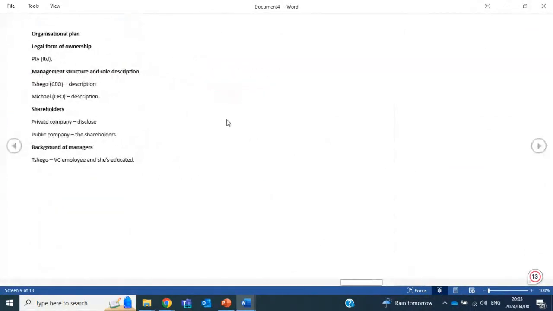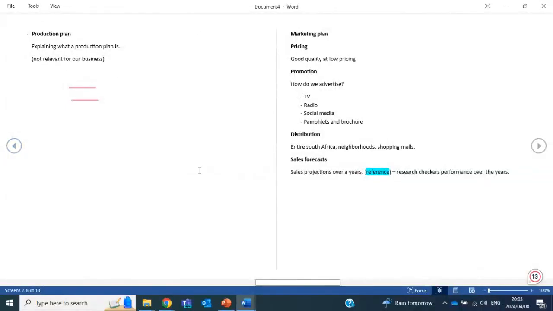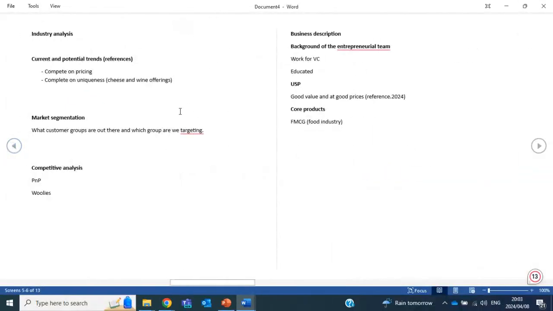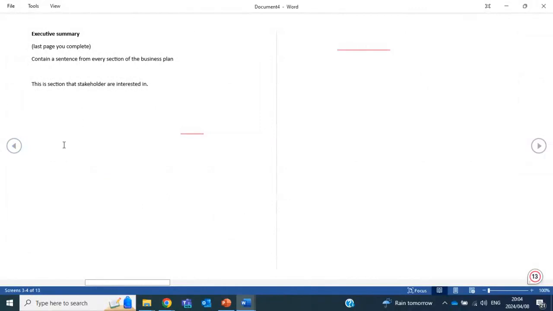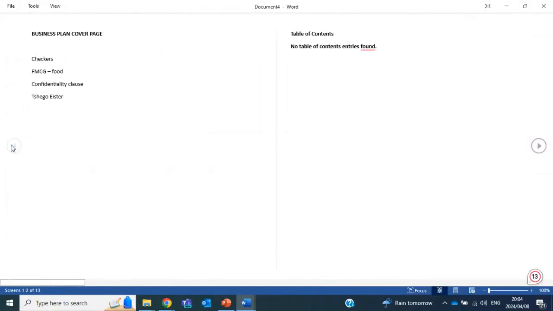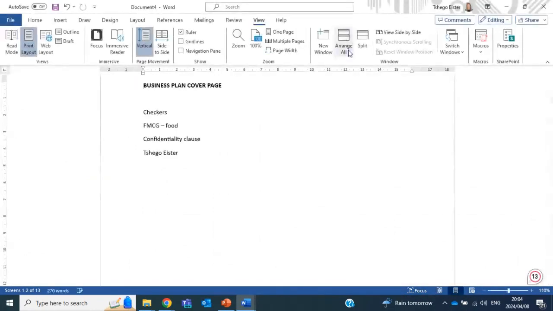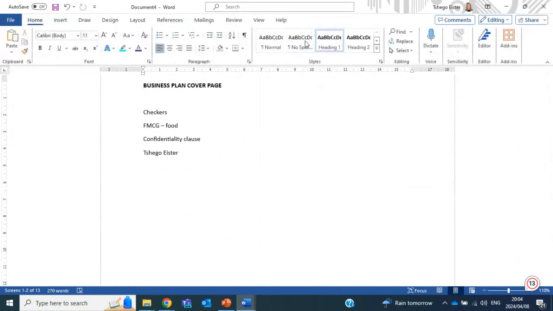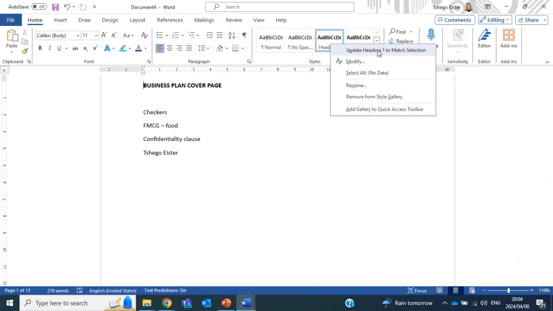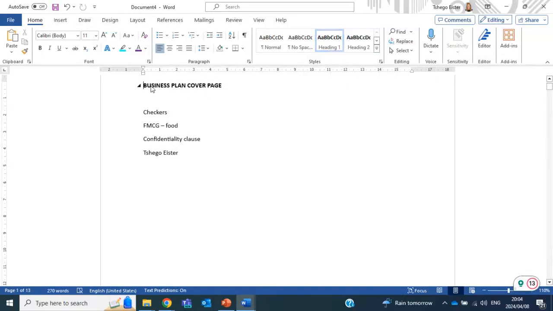If I start navigating through this document that I've done, you can already see it's looking neat, right? Every single section starts on a new page. It's got good headings, good formatting, and more than that, I have activated the headings. So again, you go to Home and use the headings here, and if you right click on it and say update heading to match, it's going to fit what you want it to look like.